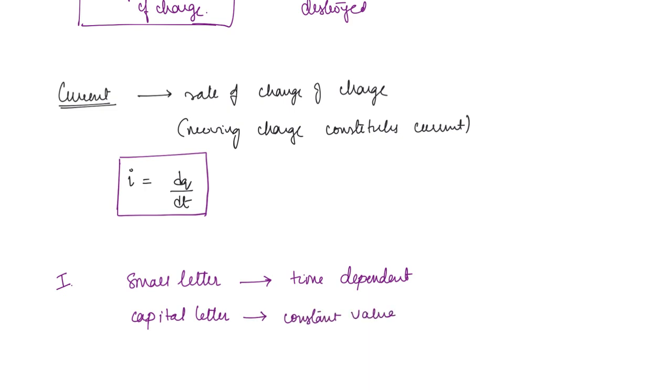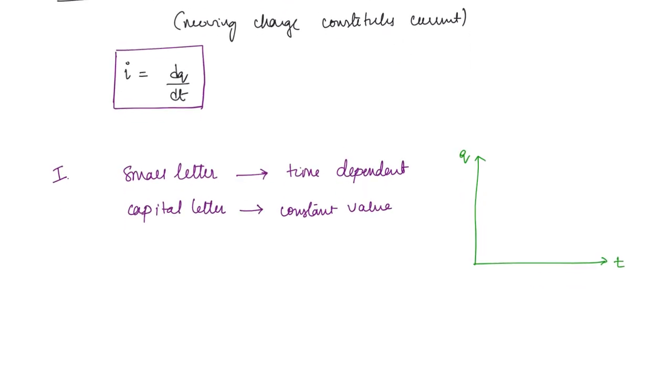So for example, let us take time, and the charge, for example, is represented like this. See, it is constant. And what is this constant value? This capital letter Q. Now, q of t, the time dependent variable charge, is equal to Q. So basically we are expressing it as a function of time. That's all, nothing else. But if it is a capital letter, then it means that it is a constant value.